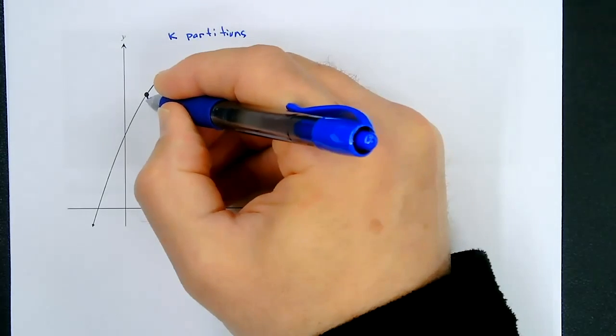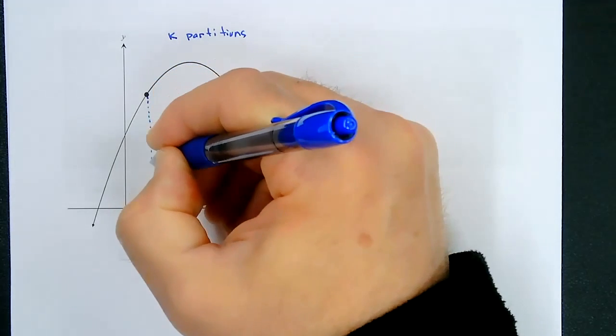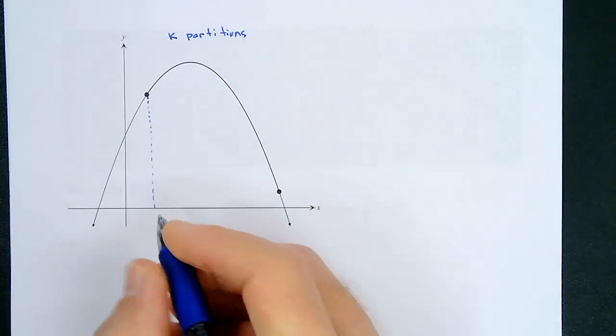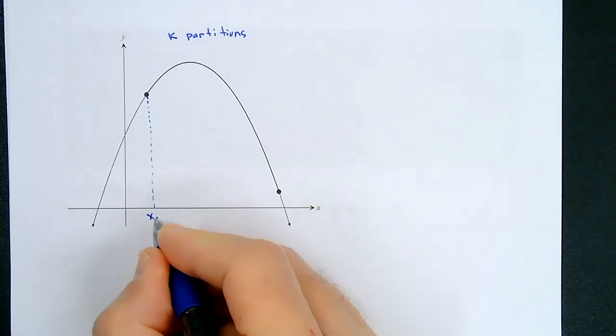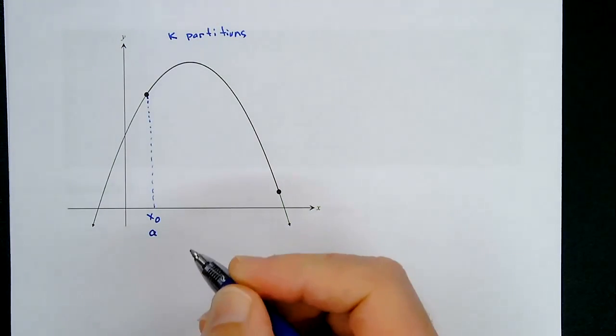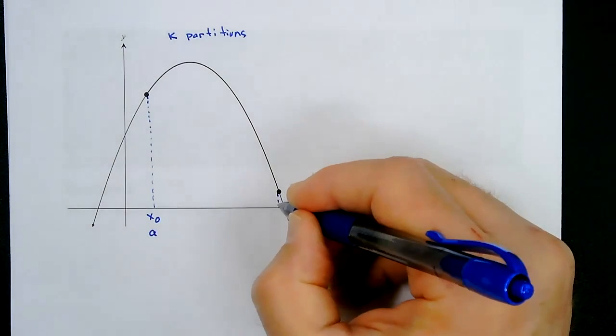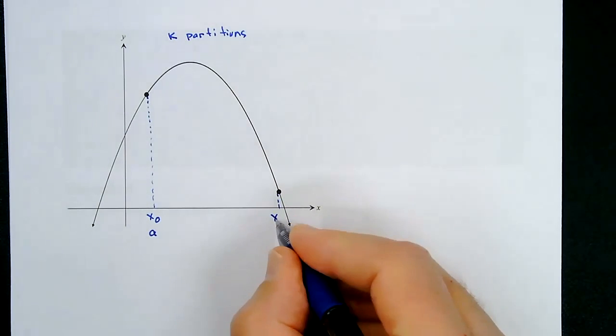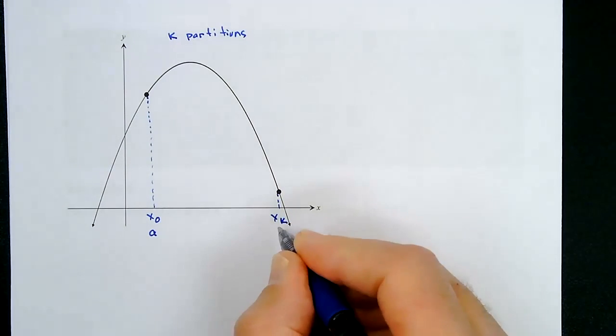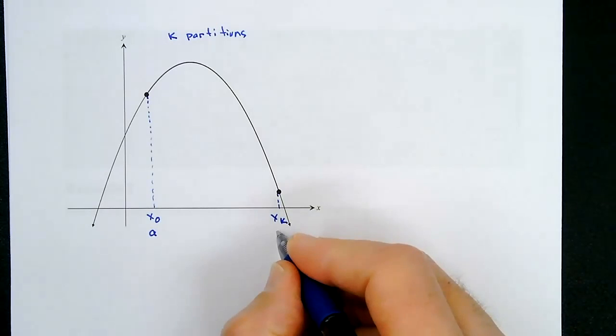Okay, so right here, this would be x sub 0, which is also our left endpoint A. And then this one would be x sub k, or our last one, right?